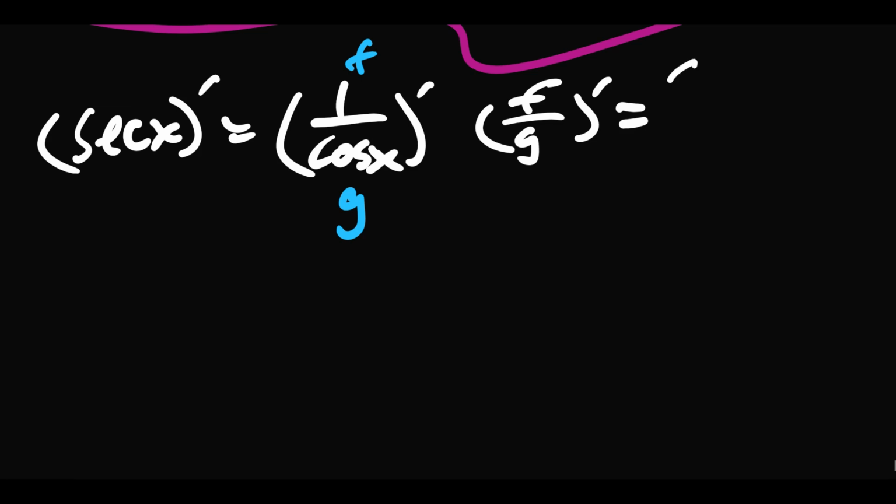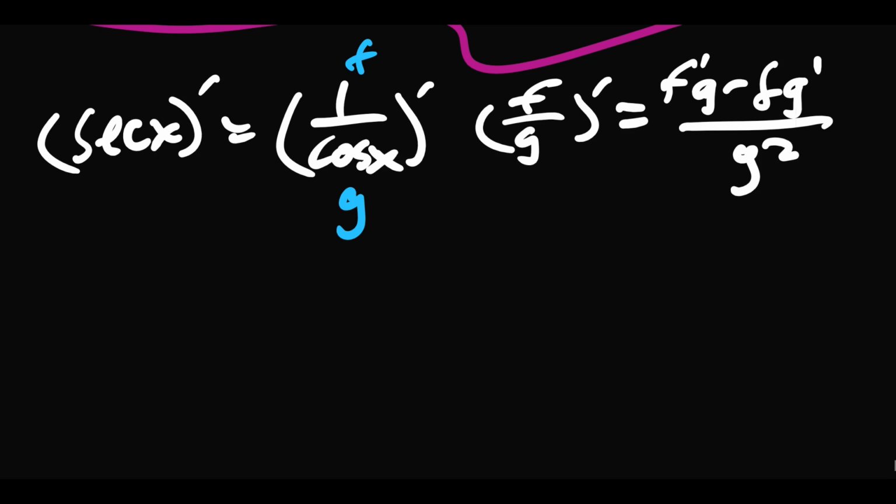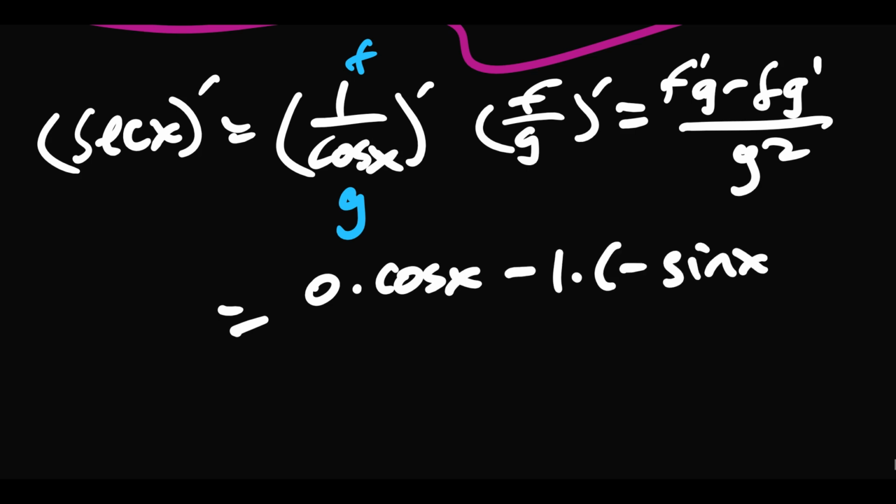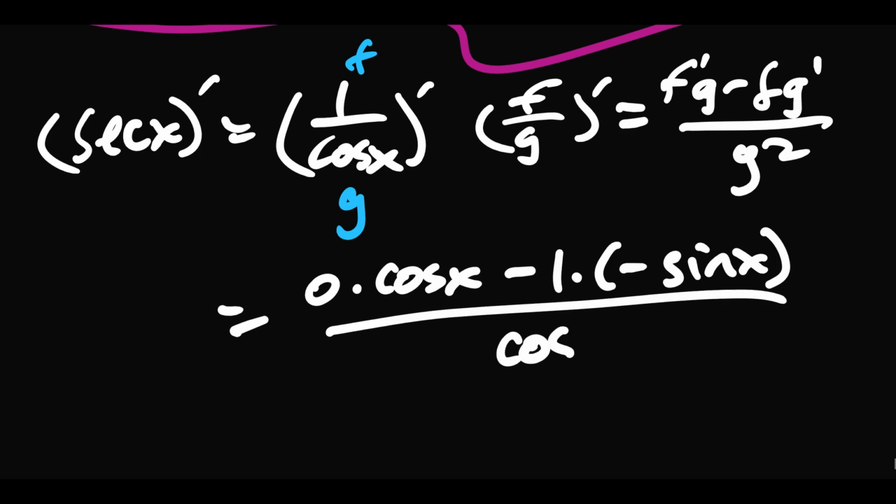So that's f prime g minus f g prime over g squared. The derivative of the top, 1, is 0, times the bottom, which is cosine x, minus the top times the derivative of the bottom, which is negative sine of x, over the denominator squared.